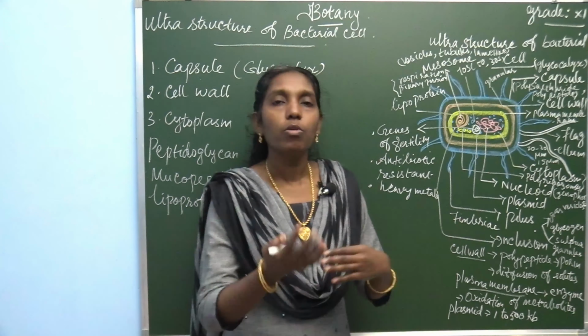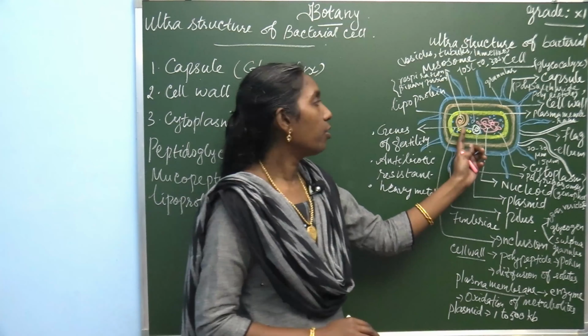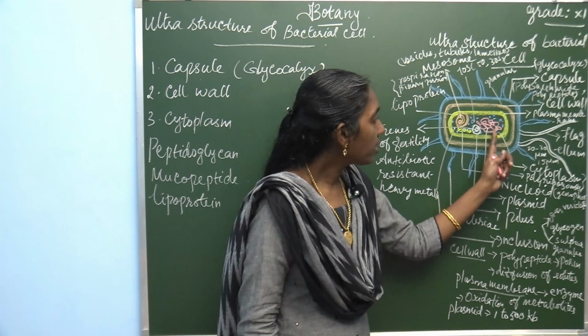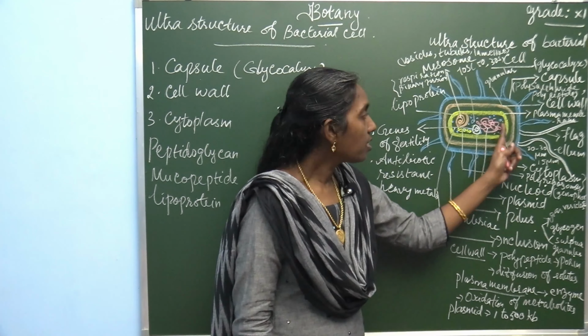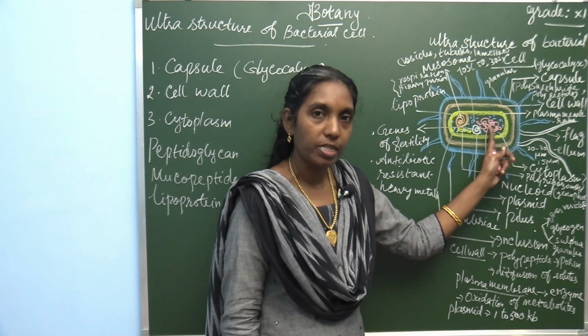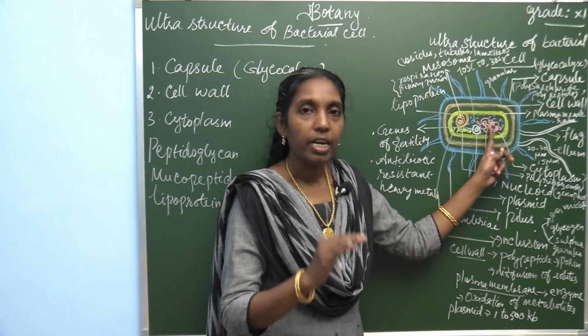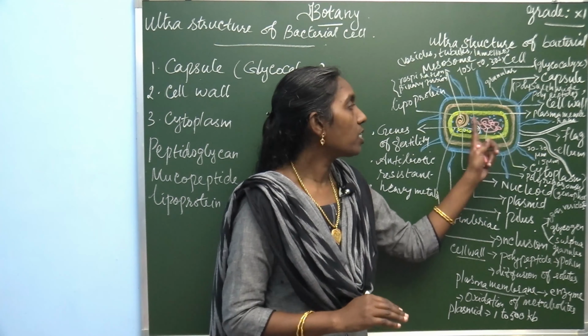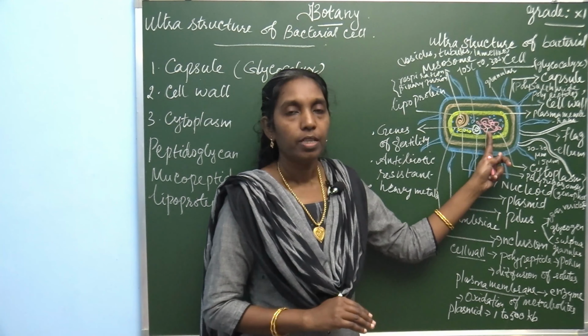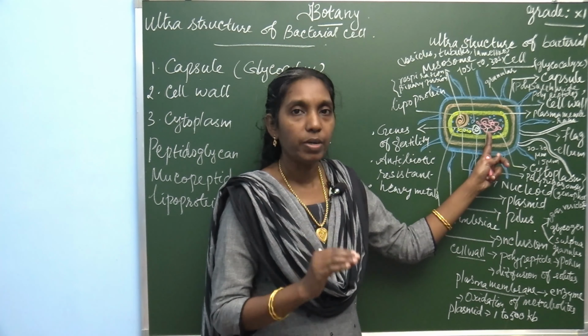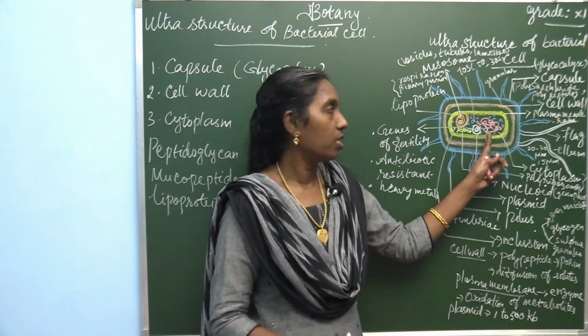Let us see one by one what are the things present inside the cytoplasm. First of all, there is a genetic material. It is not bounded by a membrane as it is in eukaryotes, because this is a prokaryote. The bacteria is a typical example of a prokaryotic organism.